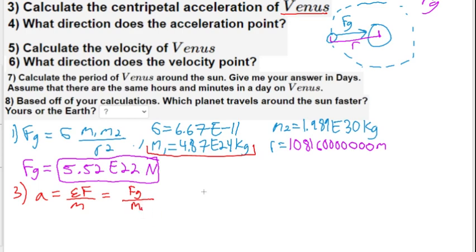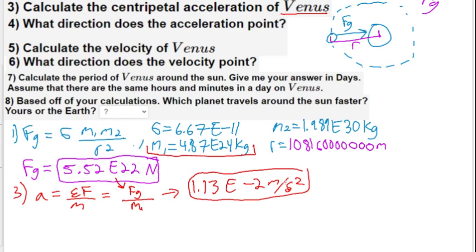So I'm going to plug in M1 here. All I need to do is take the force that I just solved for, plug that in there, plug in my mass, and solve. I find out that the centripetal acceleration should be 1.13 e negative 2 meters per second squared. So this is a pretty small number.